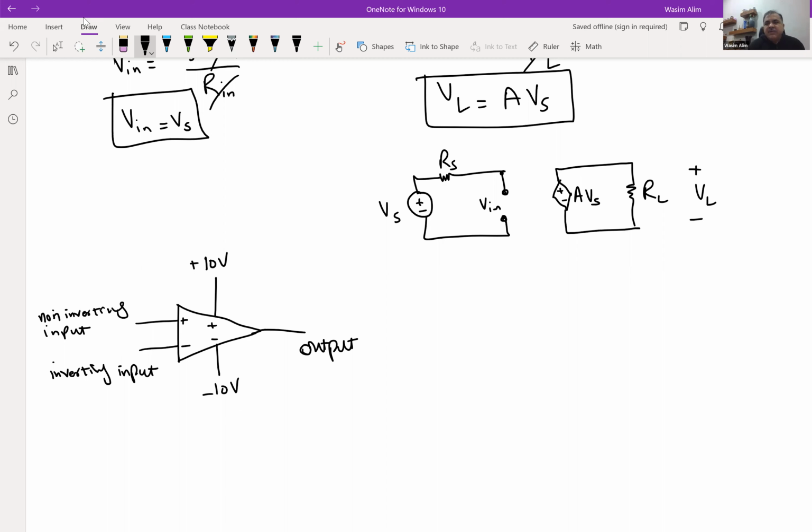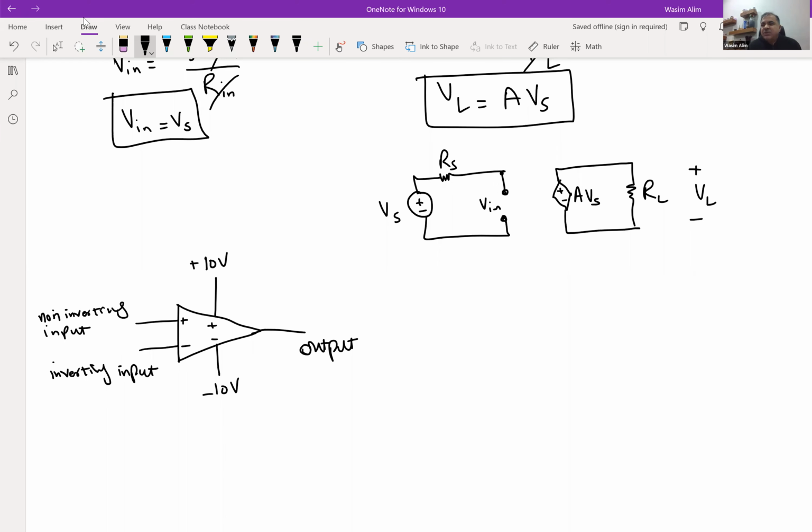So essentially, if you have a plus 5 volt on the input side and a gain of 5, for example, and you're connecting everything to the inverting side, then basically 5 times 5 is 25, but again, the output is going to be a negative value.